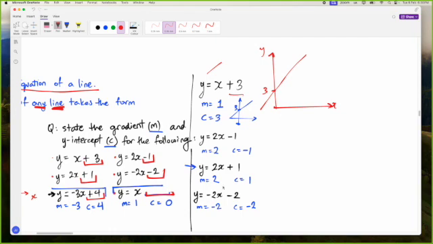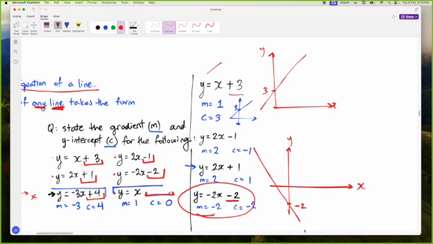Or what about this one here? I could say, look, this line is cutting at -2. So if this is -2 here, then this will be the x-axis. And this line is going to look like this, because m is negative as well. So it's sloping negatively, and it has that -2 cutting the y-axis.